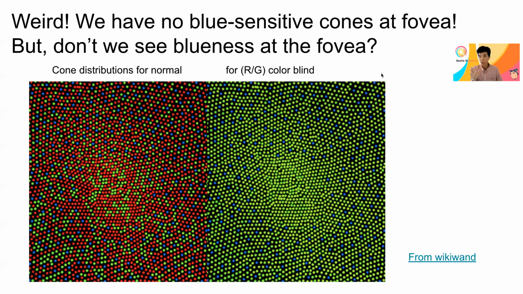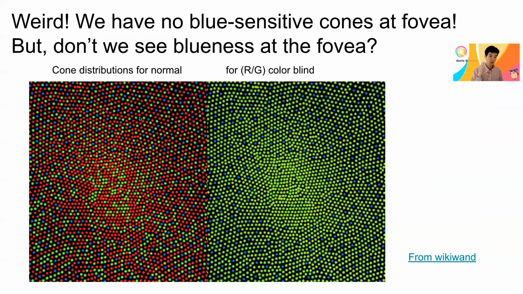I just want to make sure that you never expect our eyes or retinal cones to be colored like this. This is just for visualization. Anyway, the left side is the cone distribution for normal people who have 3 types of cones: blue, green, and red sensitive cones.